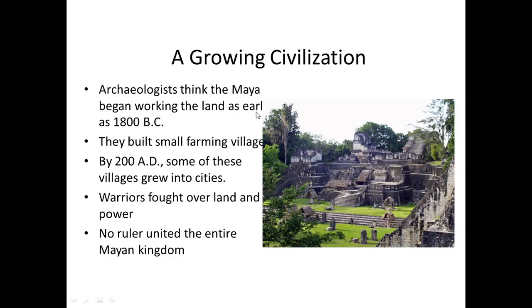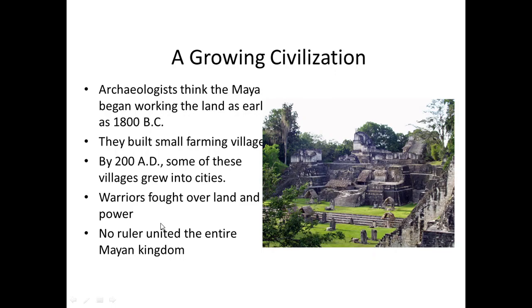So amazing, no? So archaeologists think the Maya began working the land as early as 1800 BC, before Christ. So that's 1,800 years before Christ. Very old. So they built a small farming village, and then by 200 AD, some of these villages grew into cities.